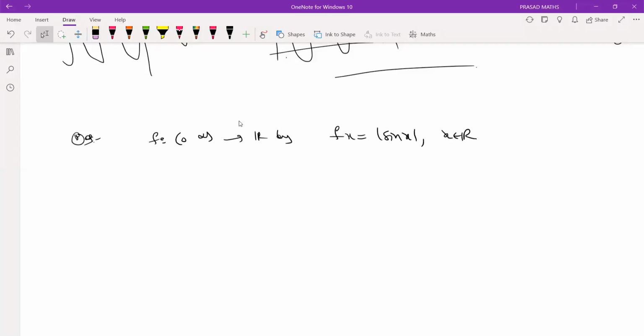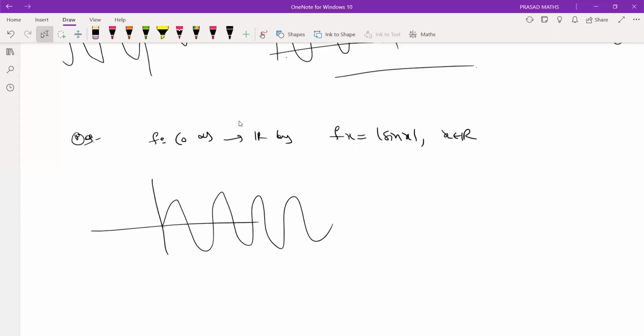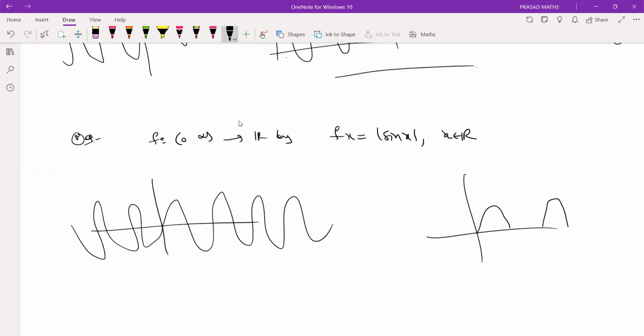Right. So therefore, this is my sine function. What I told you is that above the x-axis keep it as it is, because the mod sin x is there. Next, for the negative part, the graph below the x-axis, just reflect it above the x-axis.